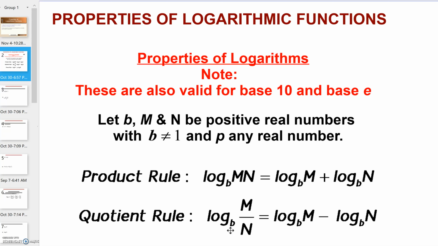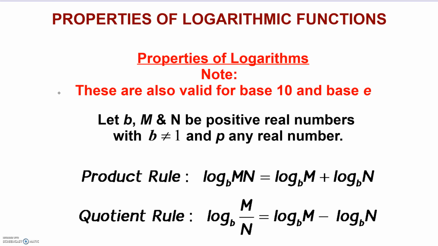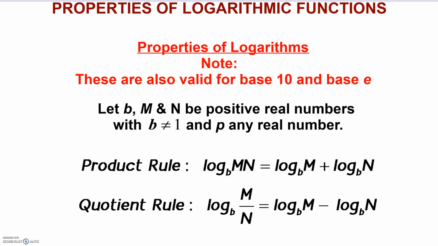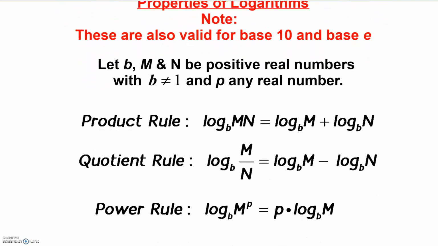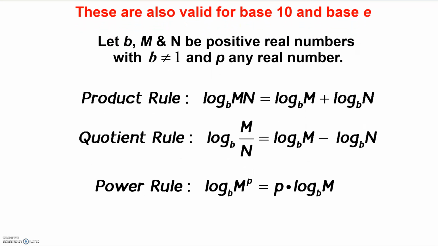You have a spot on your notes in order to fill in the rules. I used some different letters here rather than x and y, but you've got the product rule or the product property as I have on your sheet there. Same thing.